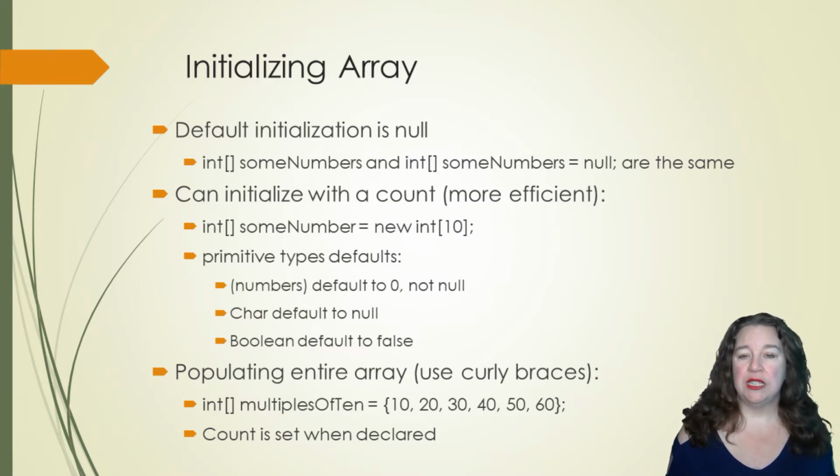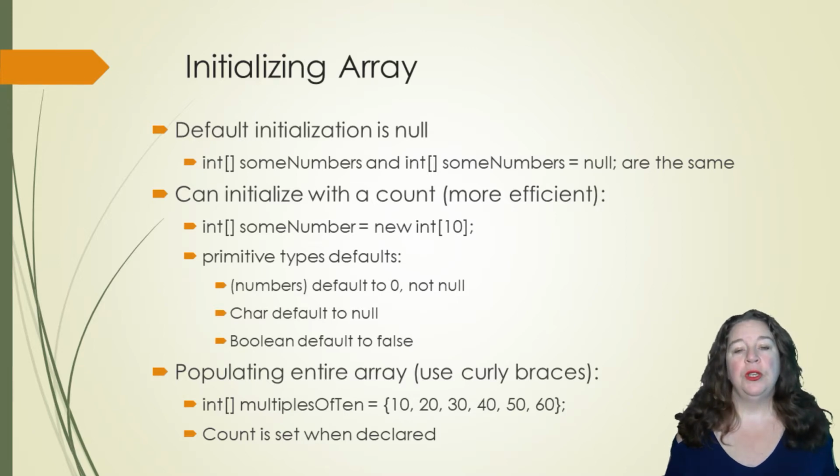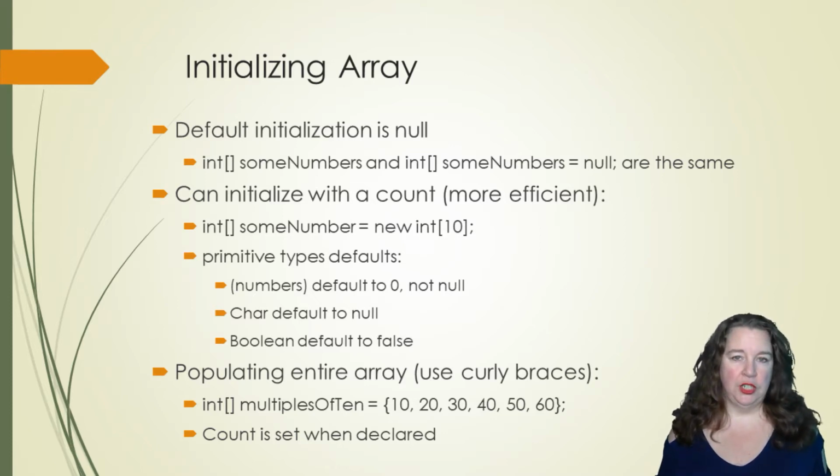We can do that. We can say new int 10, and it will declare a memory location that will store 10 numbers. If we were using an integer, so numbers, the default is 0. So it would create 10 zeros in your array positions in the memory. If you are using a character, singular character has to be primitive type.